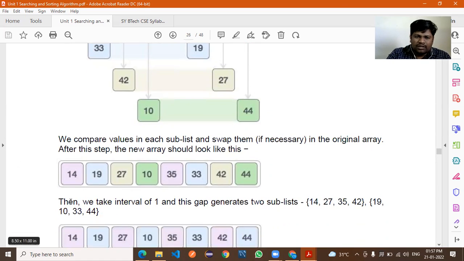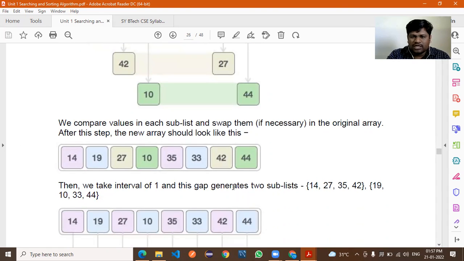Then we take an interval of 1, and this gap generates two sublists. Interval of 1 we will consider, right? Initially we considered 4.